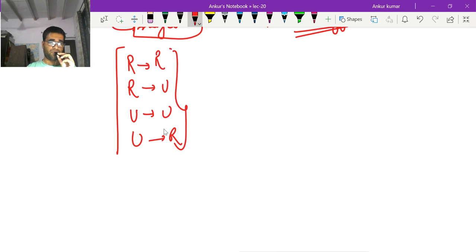And on the basis of these four streams, we will discuss the different factors: what push factors are operating and what pull factors are operating. So first of all, let us discuss rural to rural migration.